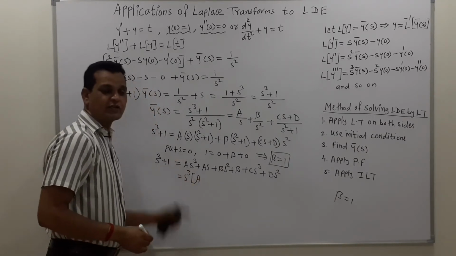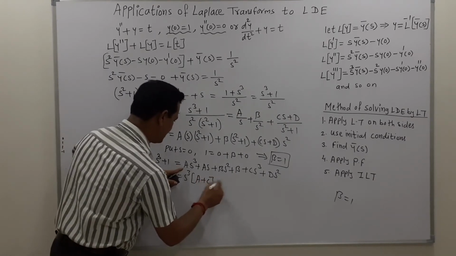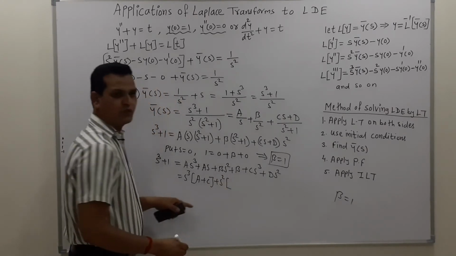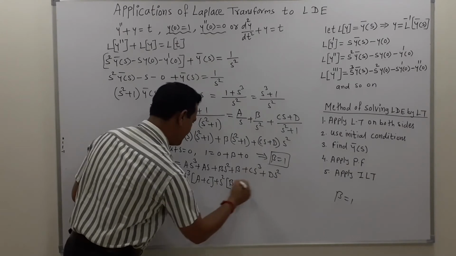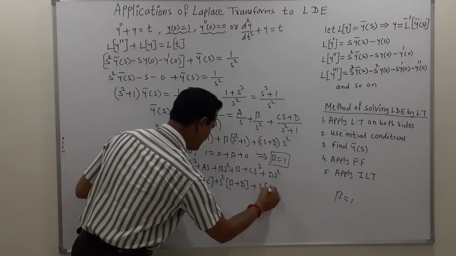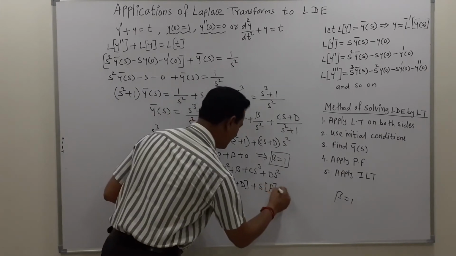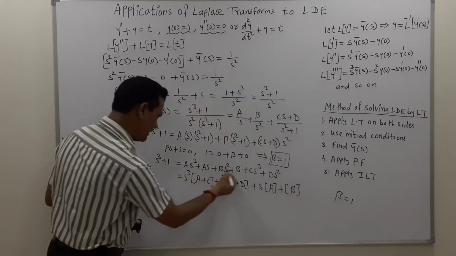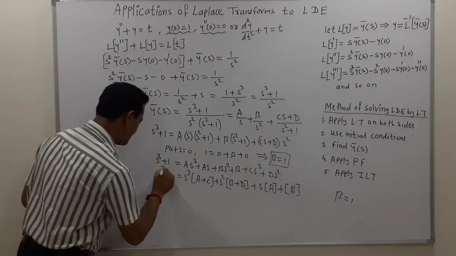The coefficient of s cube is a plus c. Now the coefficient of s square has two terms, b and d. Next is the coefficient of s, which is a only. Now the constant term is only b.